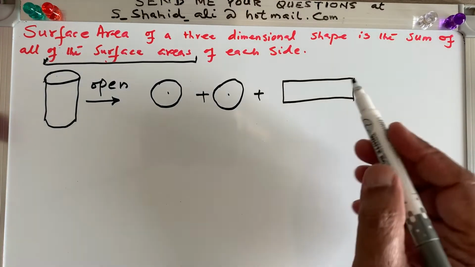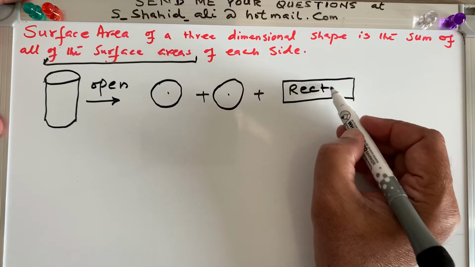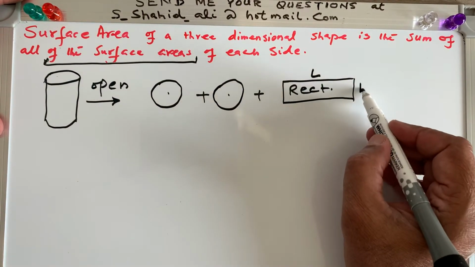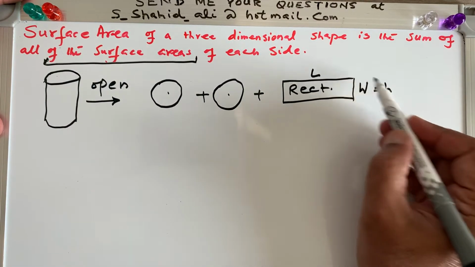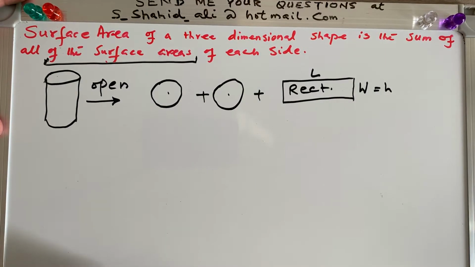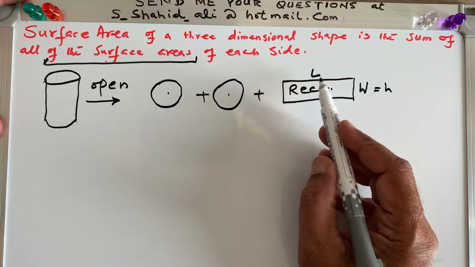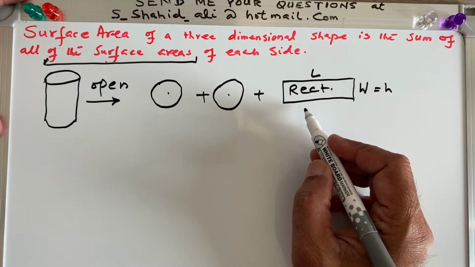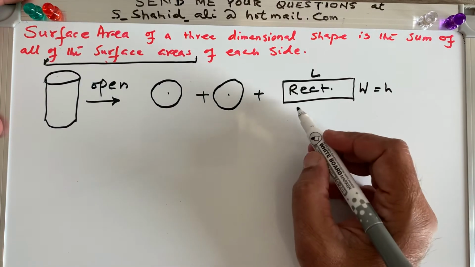And we know that for a rectangle shape, area is length times height, or length times width. Here width is height, and length we have to see because it is a circular shape. When we did the circle, we know that the length of the rectangle is the circumference of the circle. What is the linear length of a circle?